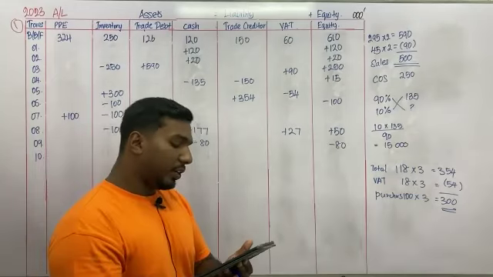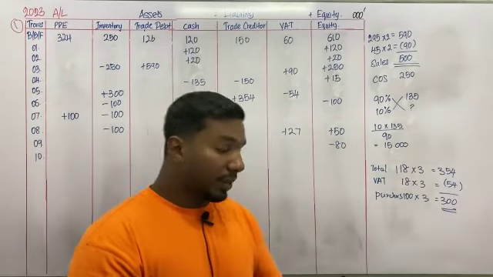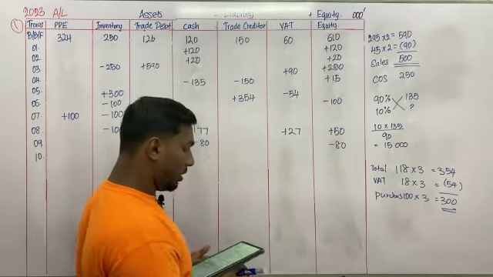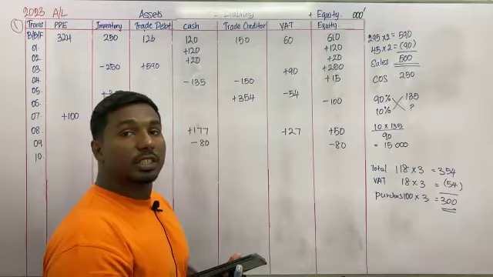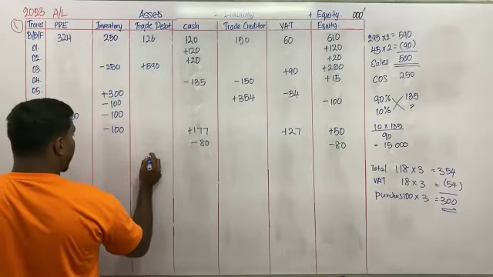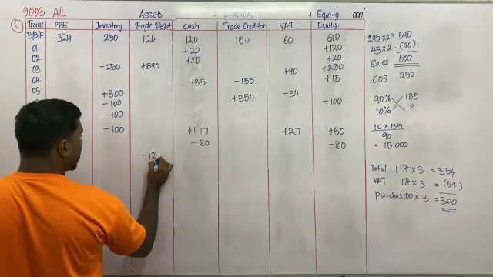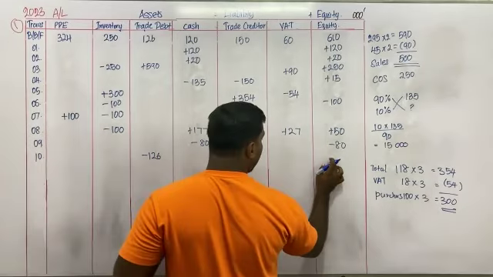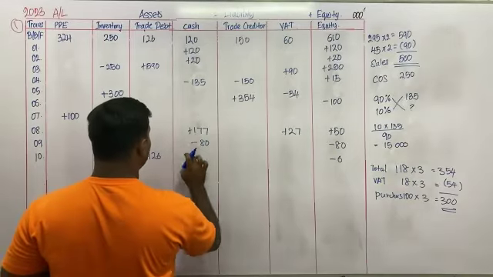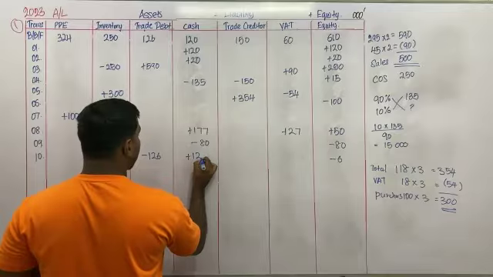Received 120,000 from the opening trade debtors after allowing a cash discount of 6,000. So the cash discount is how much? 6,000. And how much have we received? 120,000.